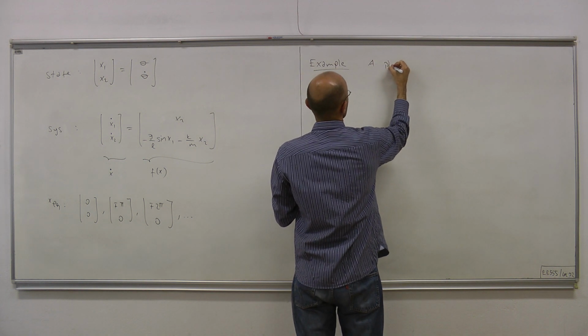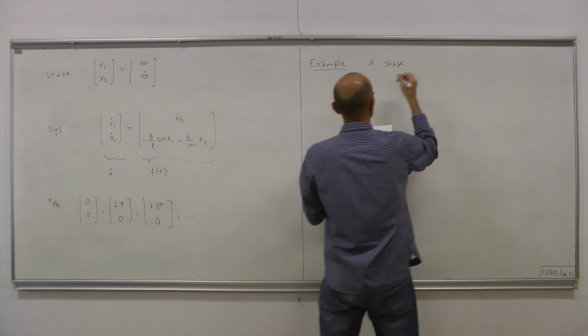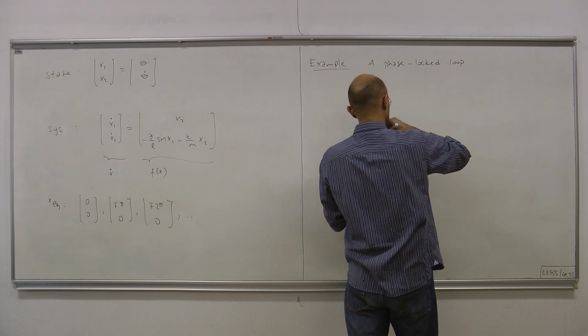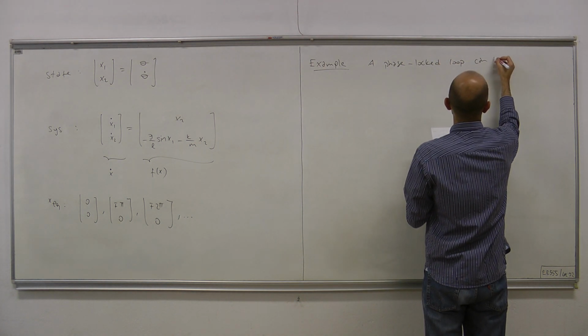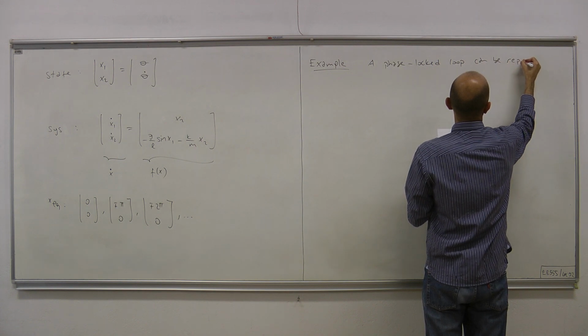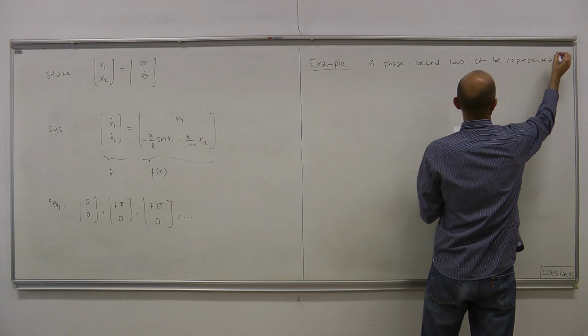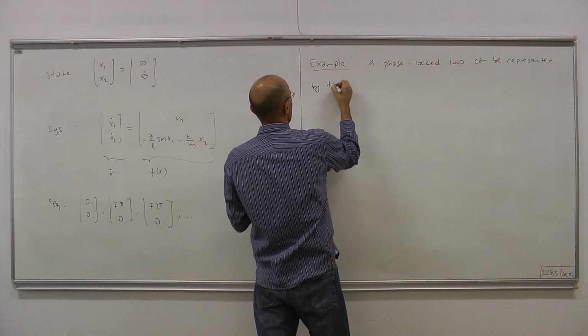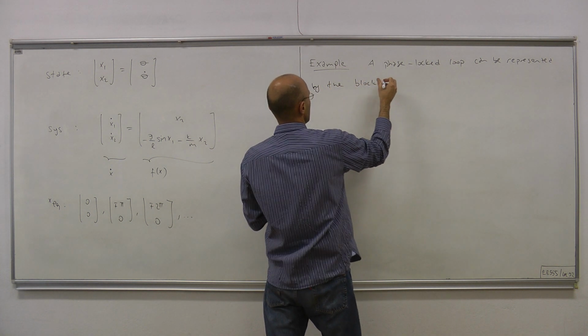Here is the description of the system. A phase-locked loop can be represented by the following block diagram.